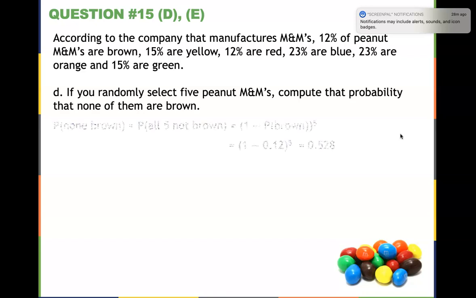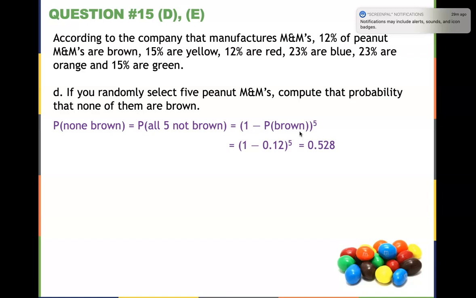So, in this case, this is a lot more complicated, but the probability of none of them being brown, another way of saying that is that all 5 of them are not brown, is you're going to take a single instance of it not being brown, so 1 minus probability of brown would be the probability of it not being brown, and raise it to the 5th power, because each of these 5 are getting multiplied together.